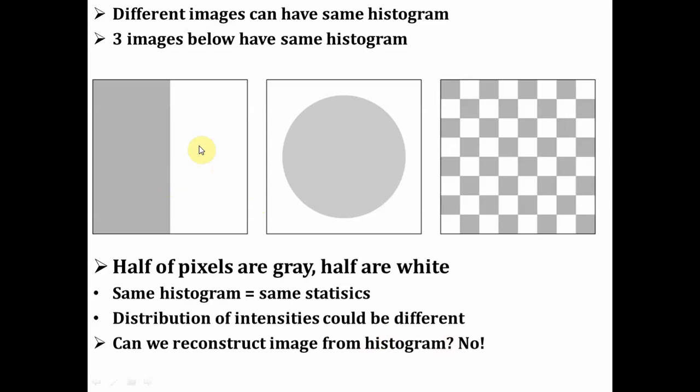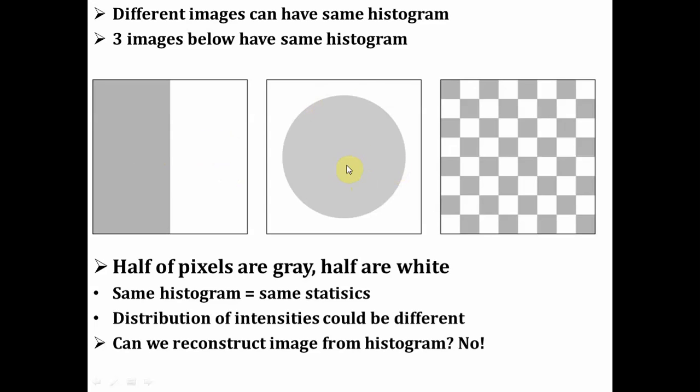Half of the part contains white pixels and half contains another type of pixel, gray. If you consider L minus 1 as the white pixel, and the gray level in between L minus 1 and 0 has some value, then half of the area is covered by white and half by gray.